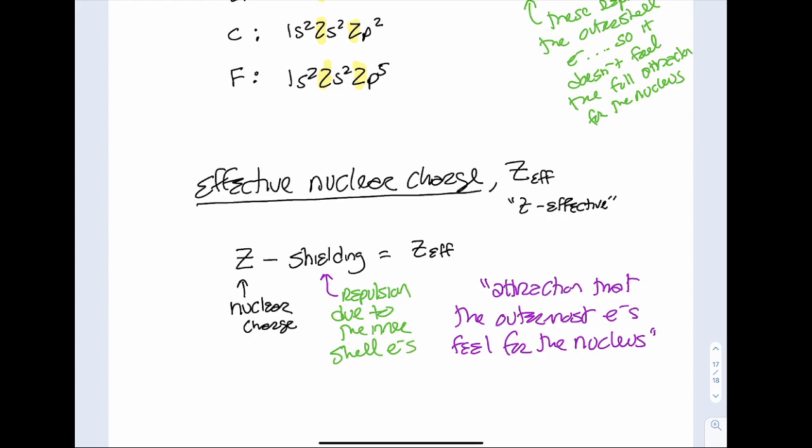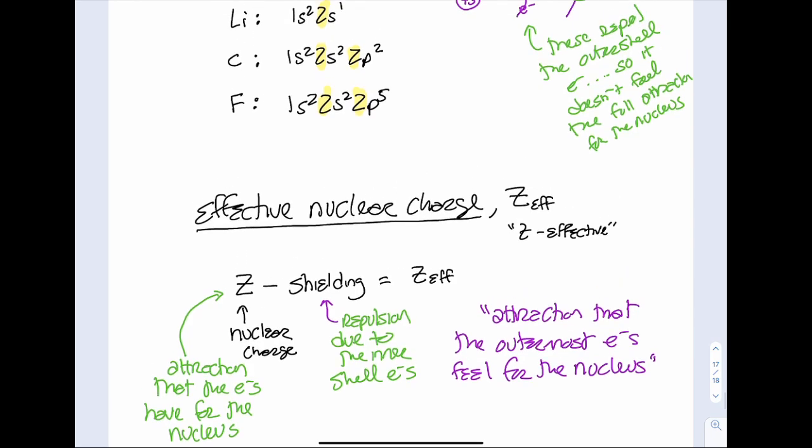What my nuclear charge is, we can just think of this as the attraction that the electrons have for the nucleus. So our attraction, and this is just a shortcut way to estimate it. This isn't actually how you calculate it, but it's how we're going to look at the relative effective nuclear charge.